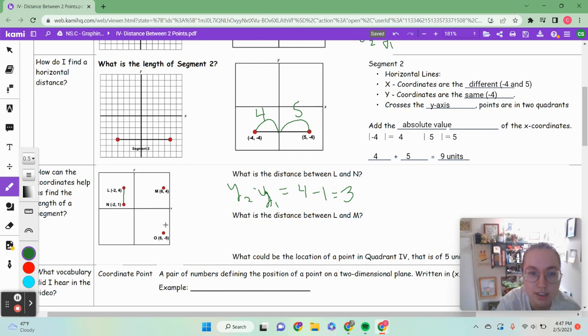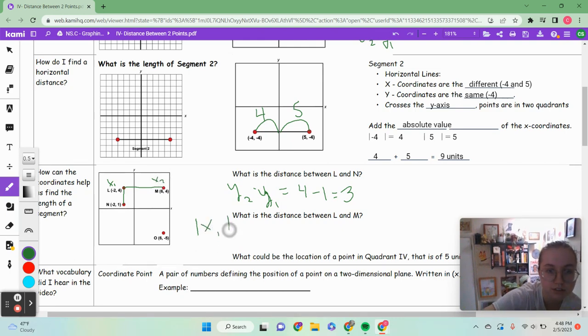If I want the distance between L and M, that is a horizontal distance, and it's in 2 different quadrants. So I need to add the absolute value of the x-coordinates. So let's call this x1, and this one x2. We want to find the absolute value of x1 plus the absolute value of x2.